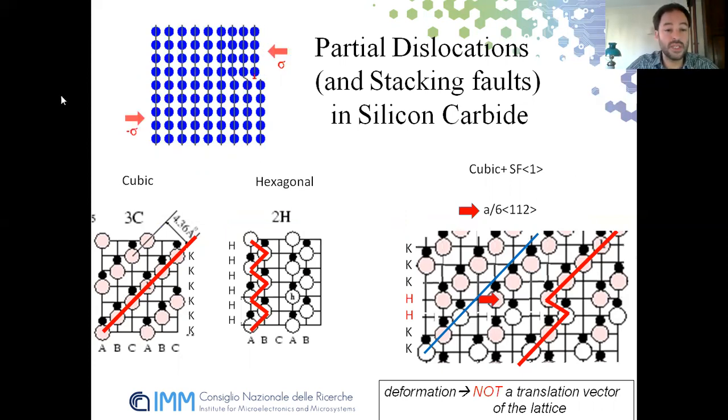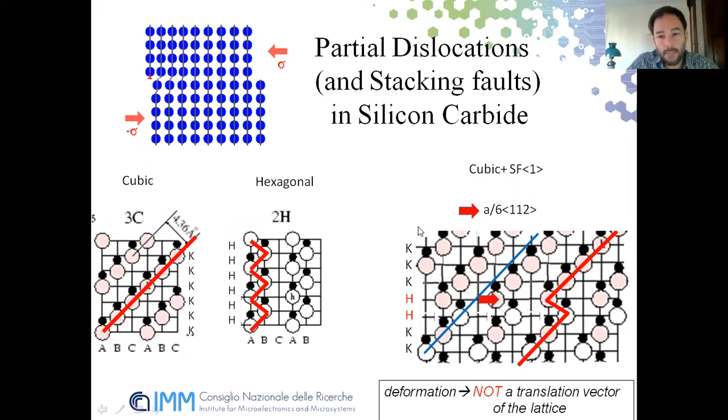We have the 3C polytype, the cubic one, in which the silicon and carbon atoms are aligned in this way. And we also have the hexagonal polytypes, in which silicon and carbon are in a zigzag structure here.